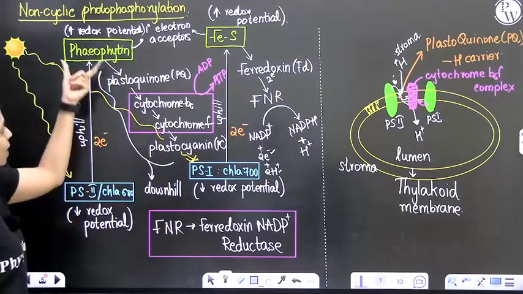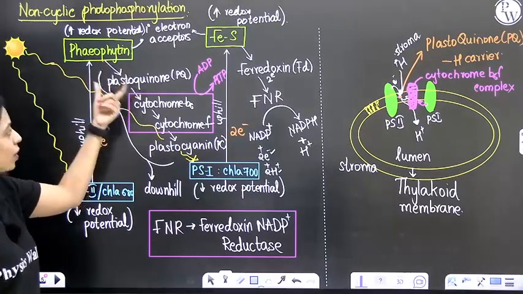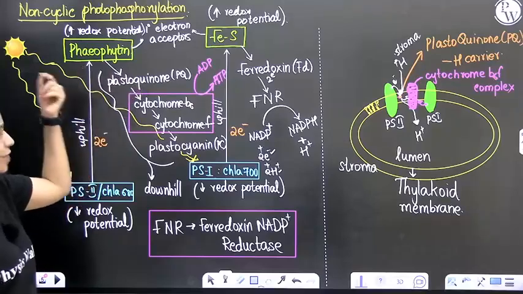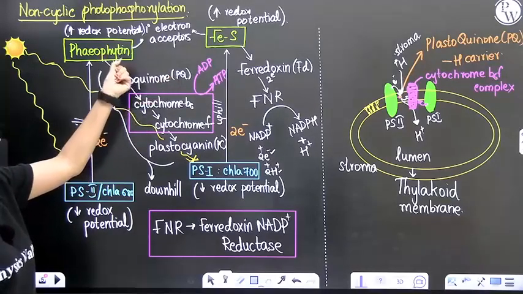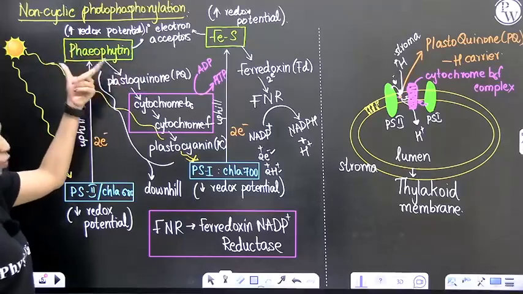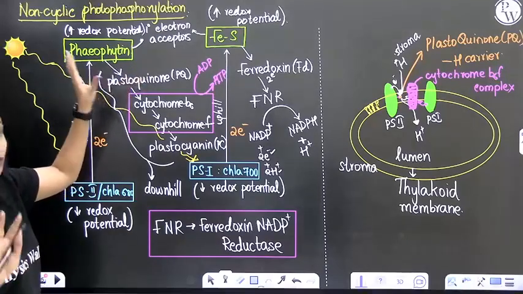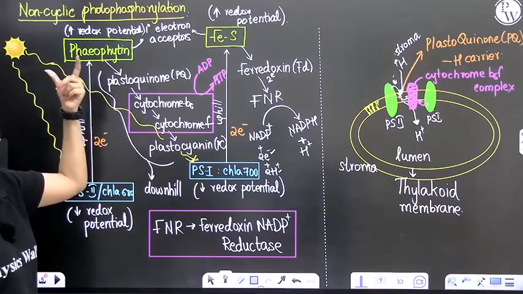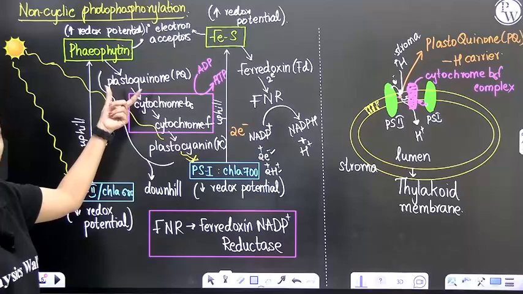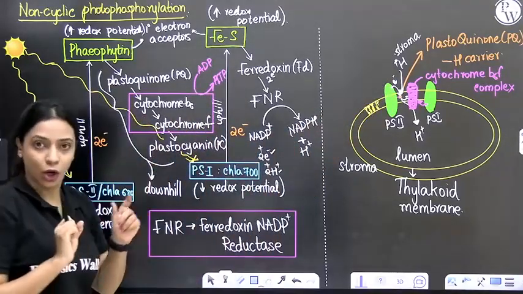So, from pheophytin, electron is transported to an electron carrier called plastoquinone. In short, we represent it as PQ. Now, this plastoquinone is a hydrogen carrier. It for sure accepts the electron from pheophytin, but simultaneously it will also pick up protons from the stroma along with the electrons.